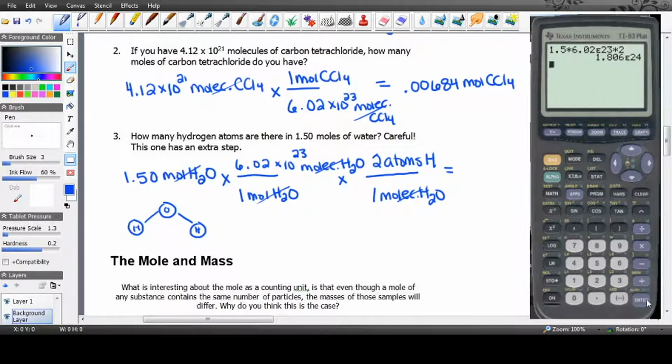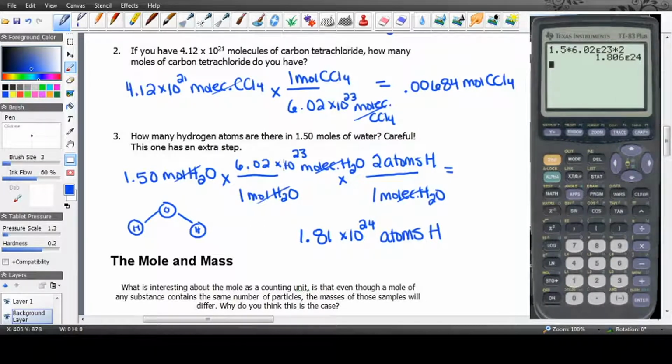My answer is 1.81 times 10 to the 24th atoms of hydrogen. Again, I went with 3 sig figs here because there are 3 in my given value. So just trying to be consistent. Remember, your conversion factors don't count towards your significant figures.